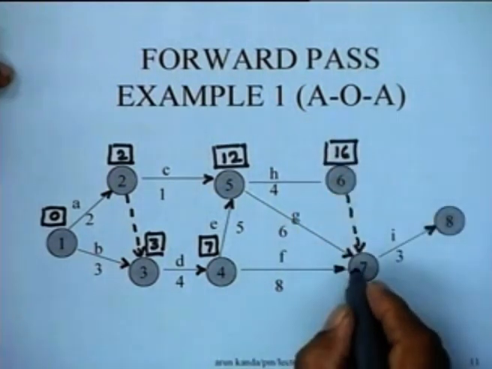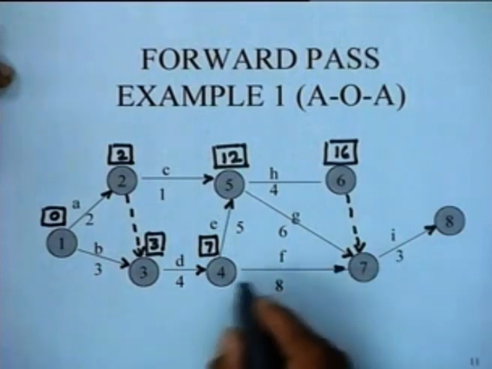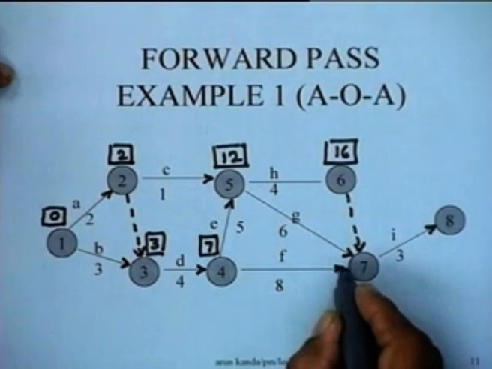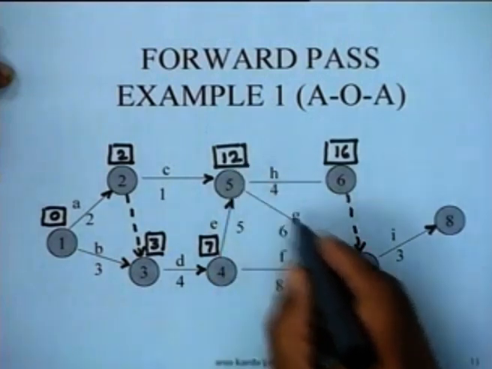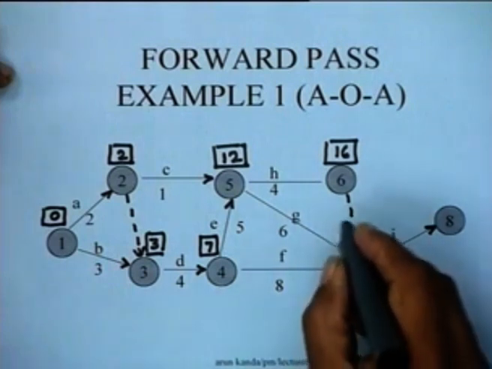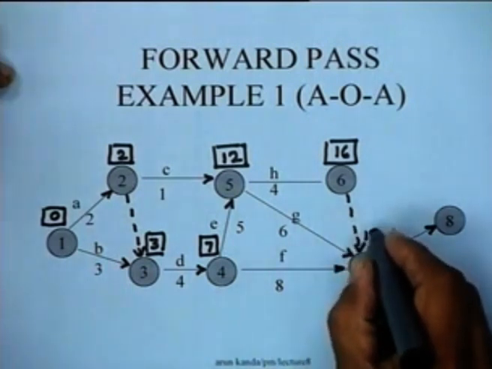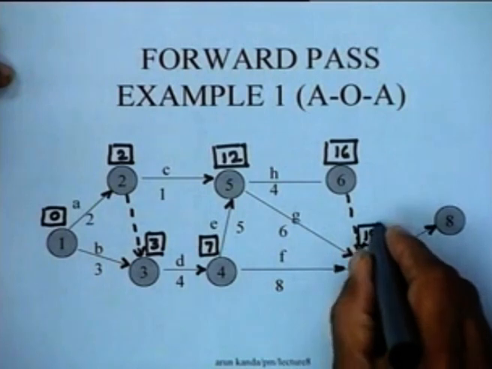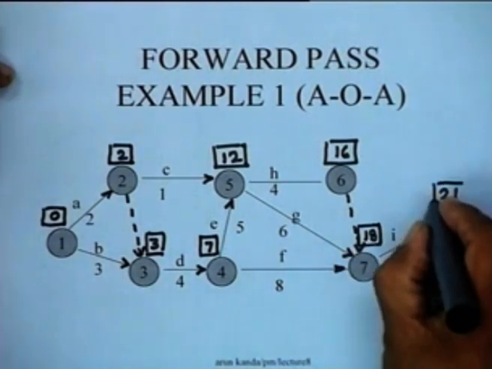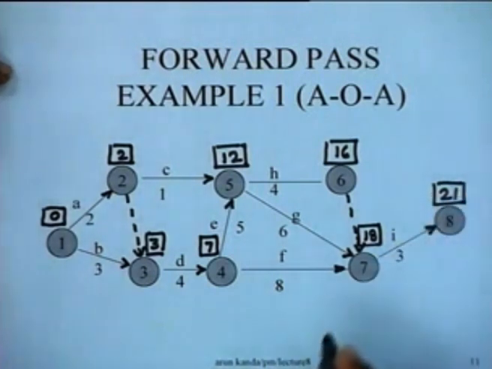And then when you come to this node, it has three predecessors. So, 7 plus 8 would be 15, 12 plus 6 would be 18, and this 16 plus 0 would be 16. So, the largest is 18. So, this number would be 18, and 18 plus 3 is 21. This is the completion of the forward pass.